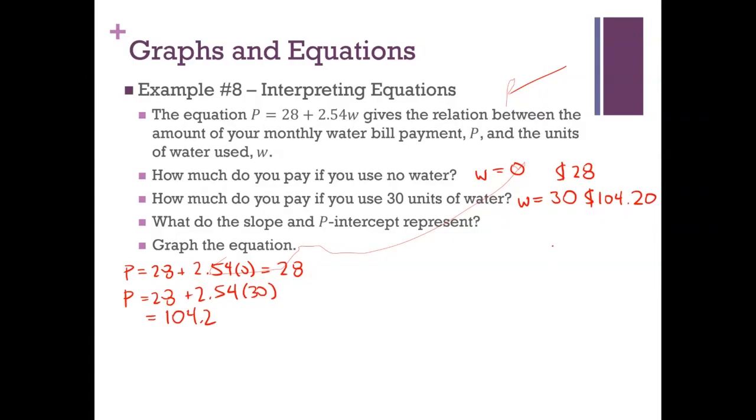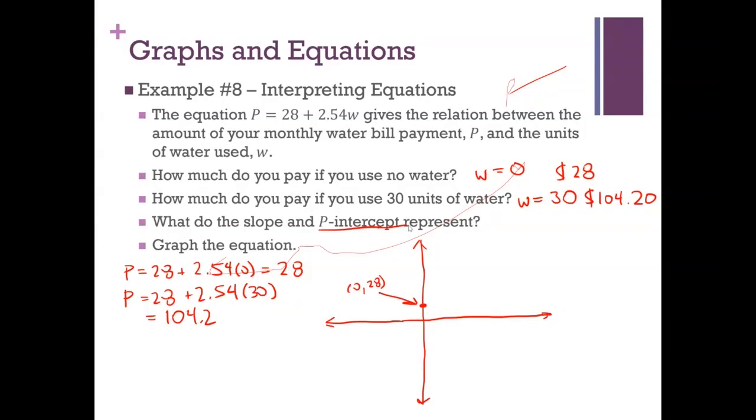So what is the p-intercept in this case, or the y-intercept? It's 28, a value that we found before. So I know that this point right here is 0, 28, and that's on my graph. What does that p-intercept represent?